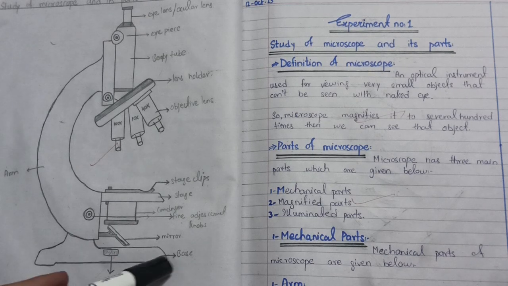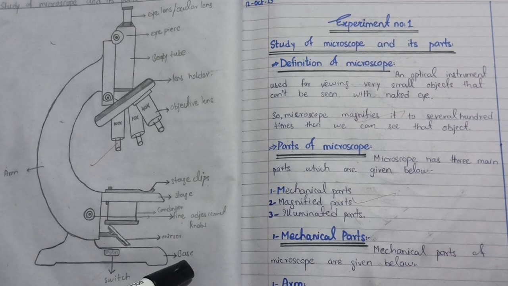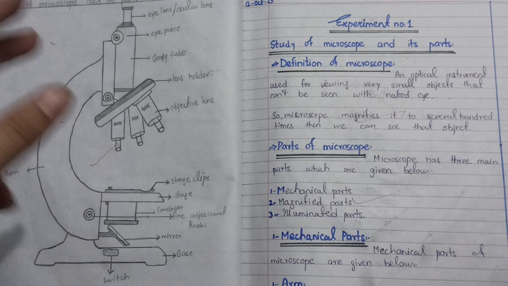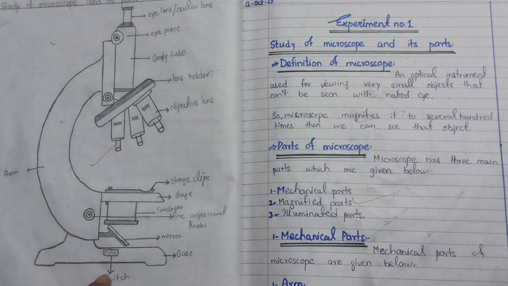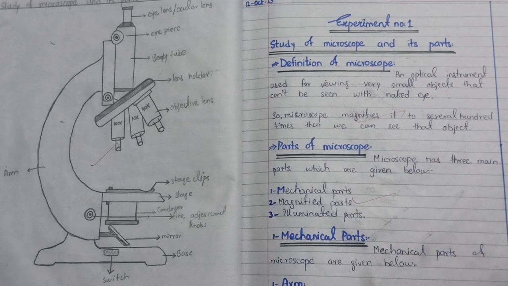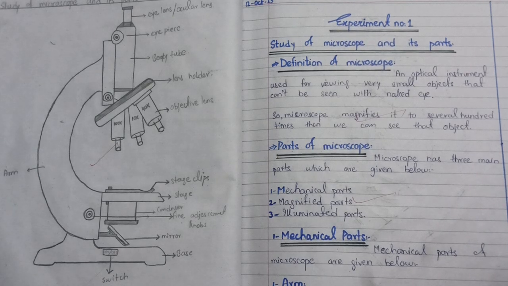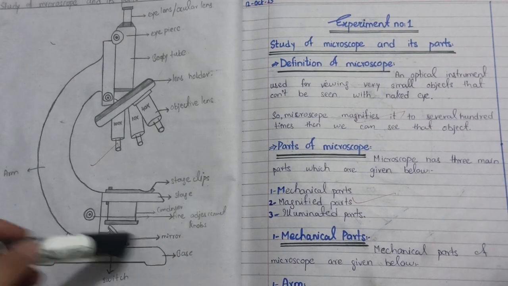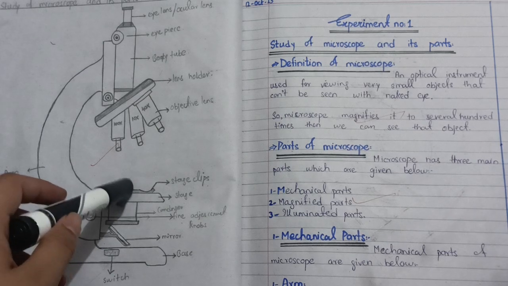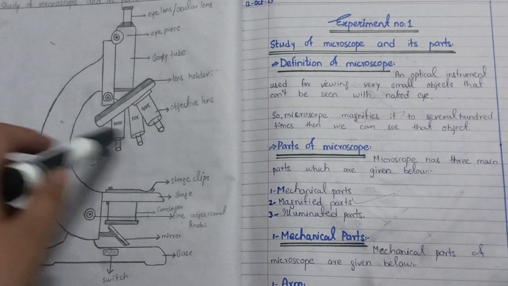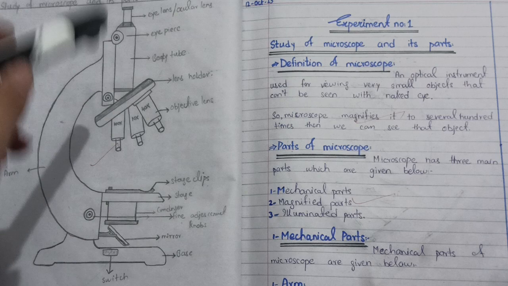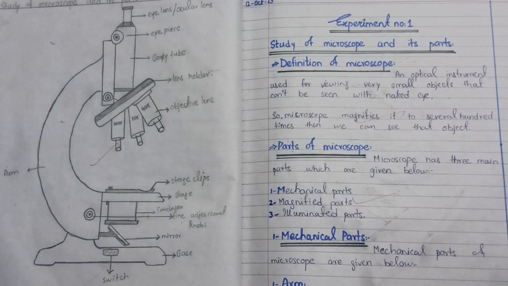This lower part is called the base of the microscope, which supports and holds the microscope in its place. Here the on and off switch is given. You turn on the switch, and the light will reflect from it. The light falls on your slide, and after setting the lenses, you can clearly see the smallest object that cannot be seen with your naked eye.